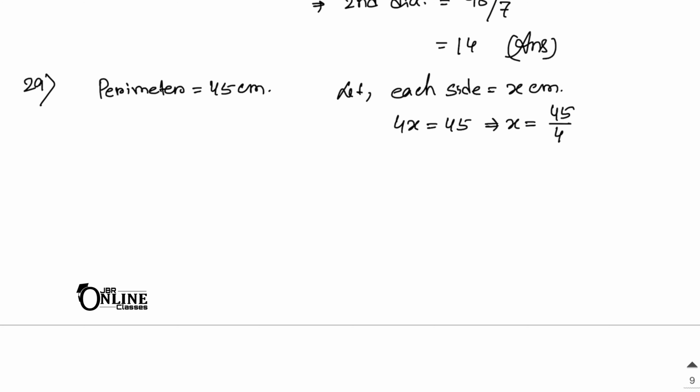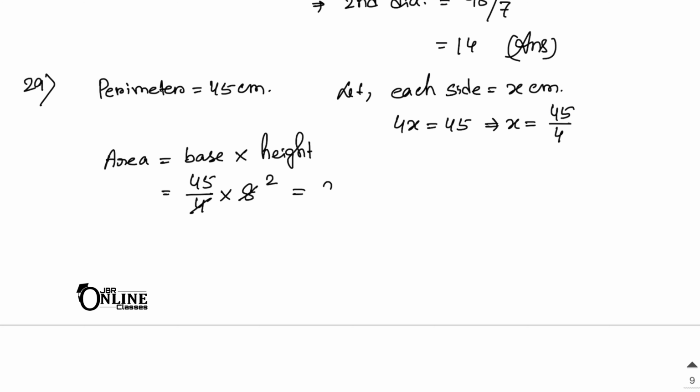So whenever you have the base and the height, then area of that rhombus equals base into height, and here base means each side of that rhombus, that means 45 by 4, and here height is 8, so it's 2, that means here 90 centimeter square is your answer.